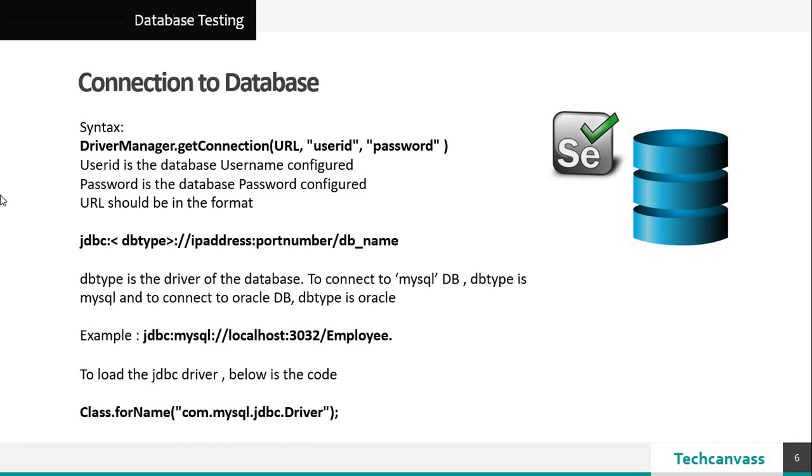URL should be in the format JDBC, the DB type, the IP address with the port number and your database name. For example, the DB type for MySQL Server is MySQL and for Oracle database it is Oracle. Down here you can see an example.